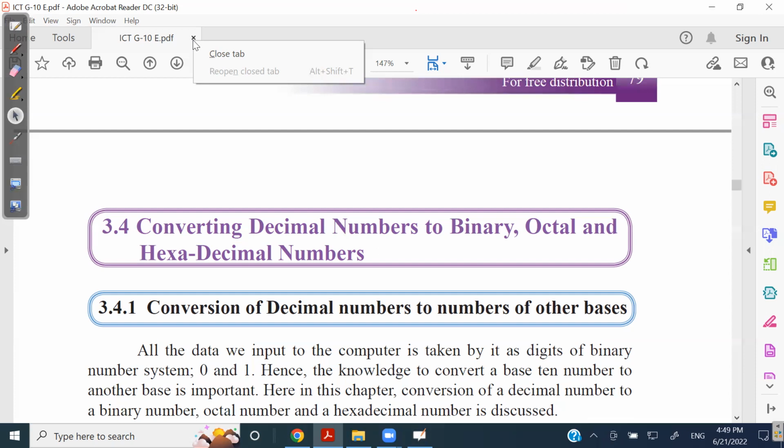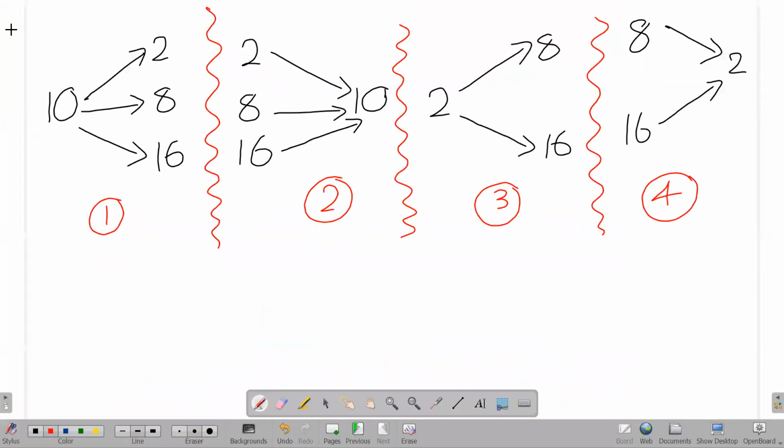Okay, so let's draw these 4 categories. Then after that we can go for the first one.